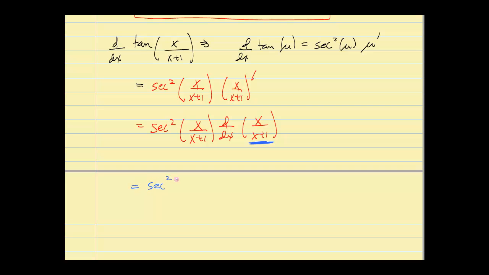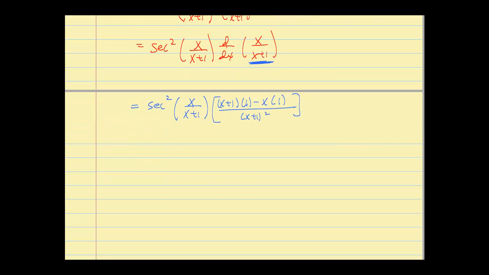So secant squared of x over x plus 1. Now I need the derivative of x over x plus 1. So now I start with the quotient rule. So I start with the bottom times the derivative of the top minus the top times the derivative of the bottom all over the bottom squared. Of course, I can simplify the heck out of this thing.